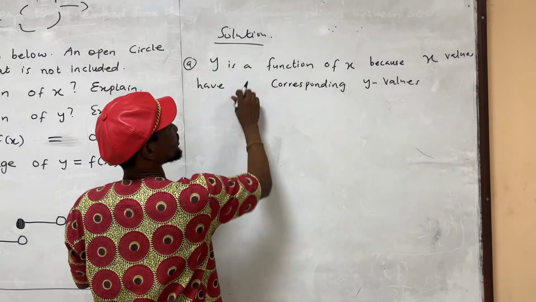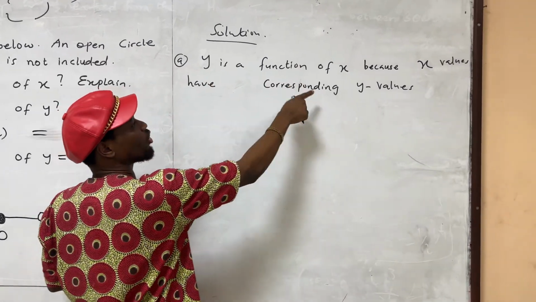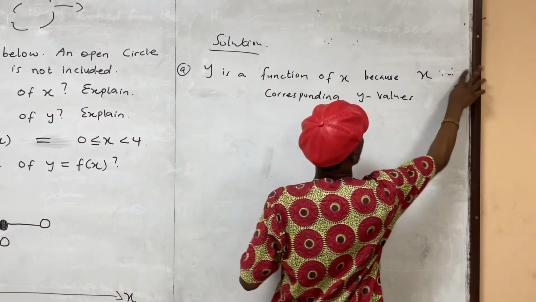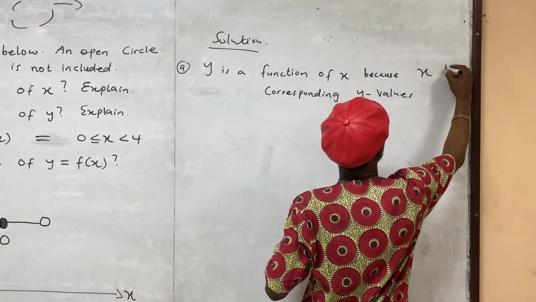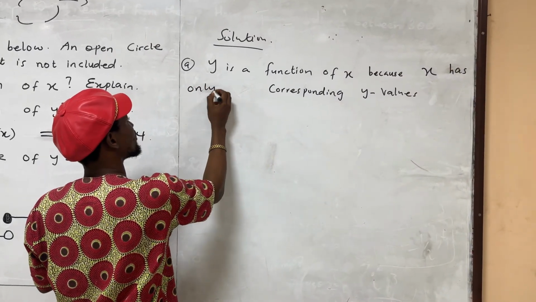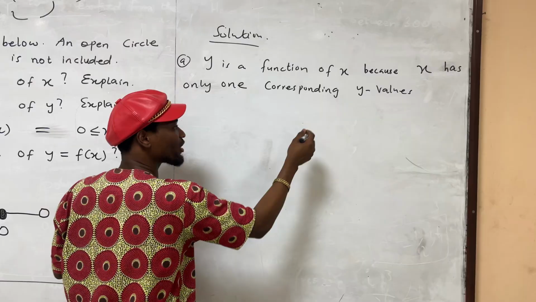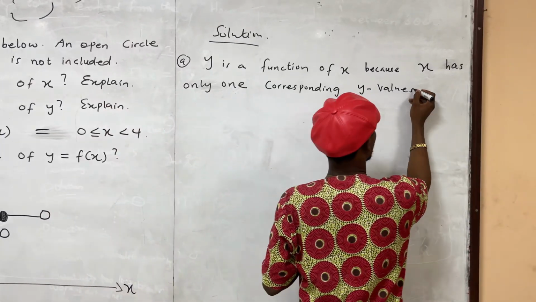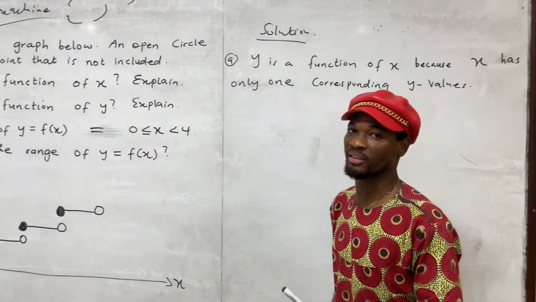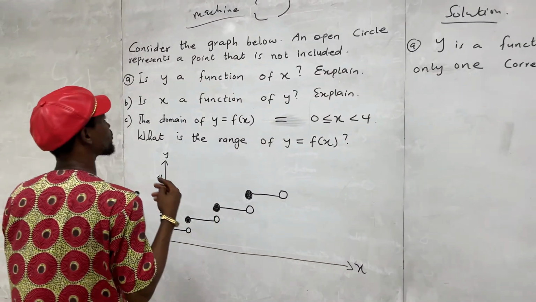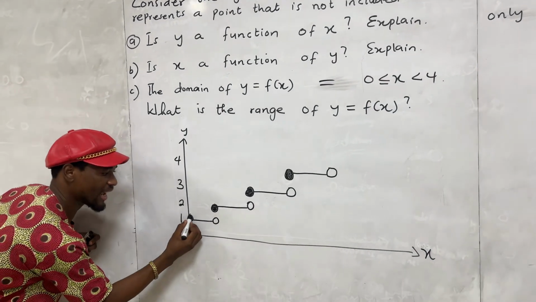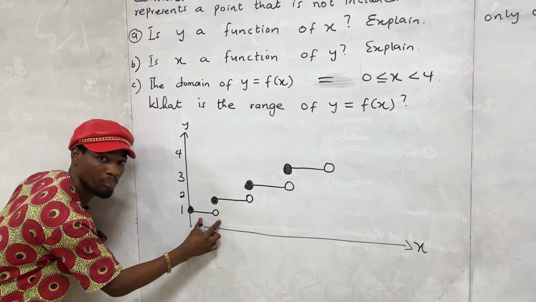We can say y is a function of x because each x value has only one corresponding y value. Why am I saying that? Viewers, let's see. From the graph, you realize this. This is x, okay? This is x.